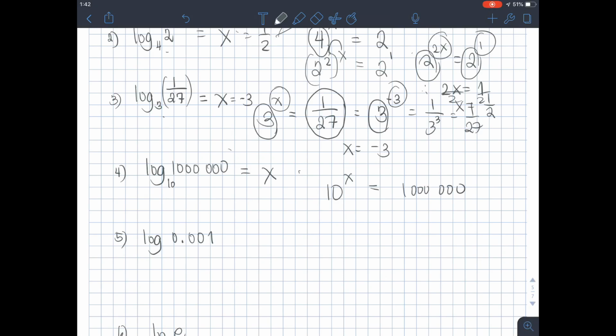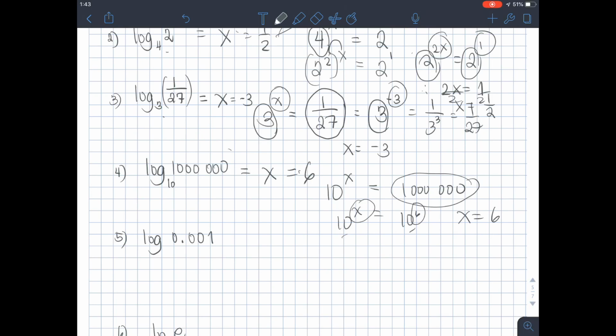So, anong i-raise natin sa 10 para maging 1 million? Automatically, 6, right? Kasi pag convert natin ito into base 10 then 10 to the 6, then 10 to the x. So, same base na sila. Equate natin tong exponent. x is equal to 6. Okay, so therefore, the answer is 6.